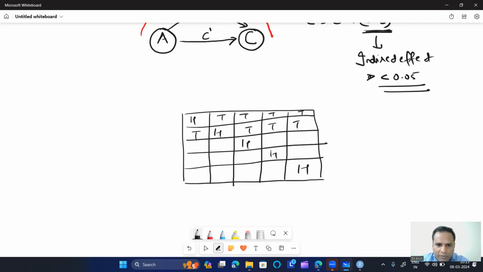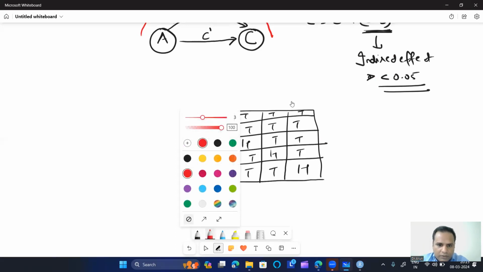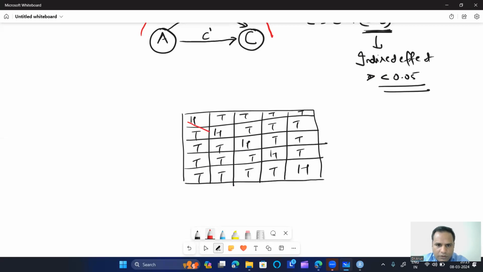So when you keep k as 5, in the diagonal, this will be your holdout sample. Let's say the sample is 25. So 20 will be your training sample, and 5 will be your holdout sample.